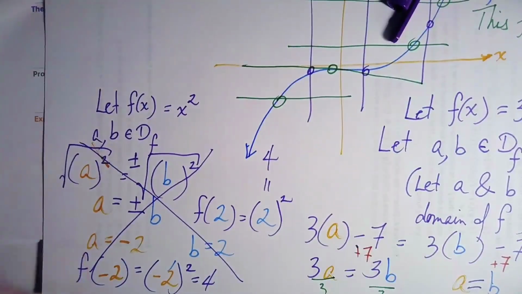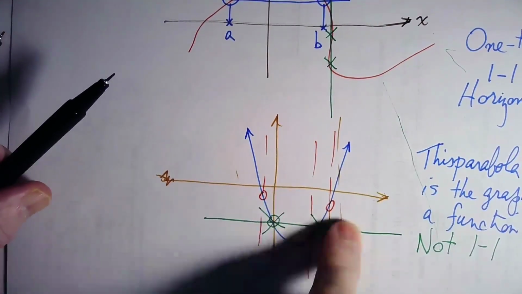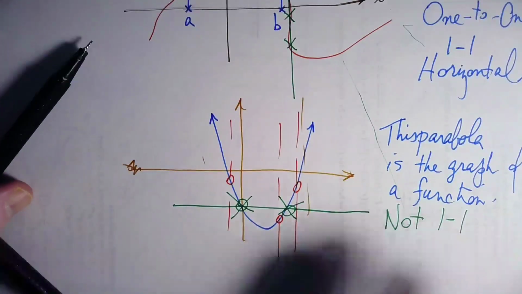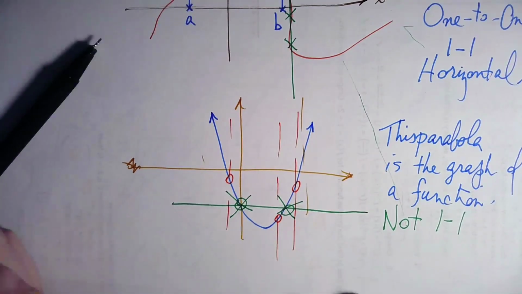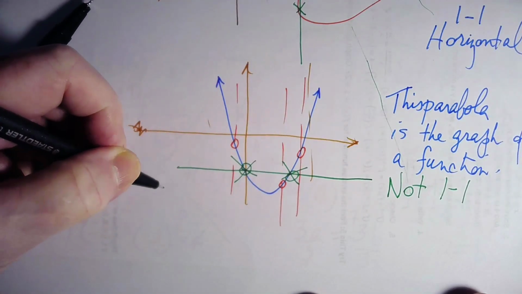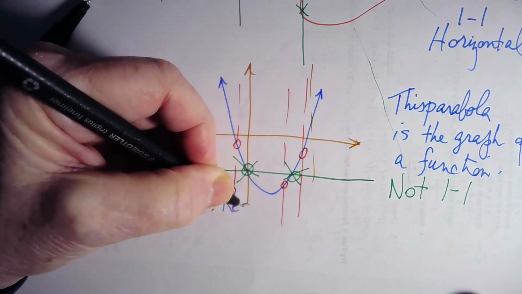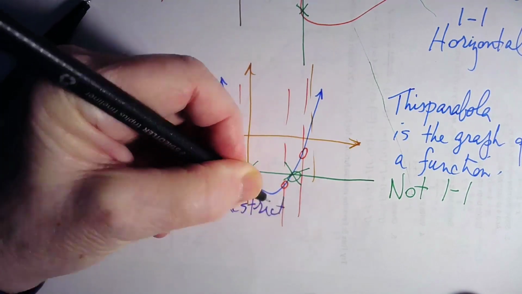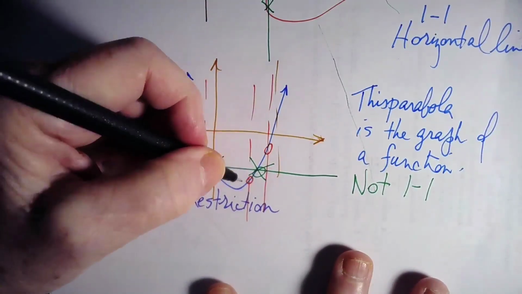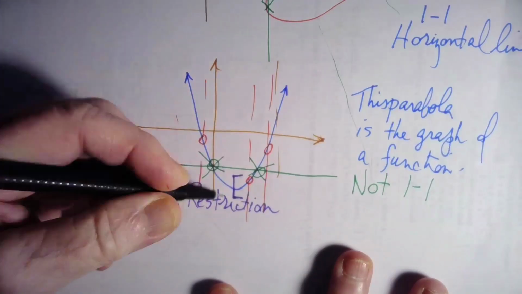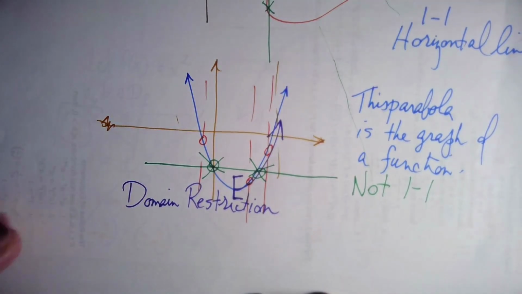A thing that we can do, let's go back to this picture. We had this lovely parabola, which is just any general x squared function. If we put a domain restriction on the function, and most of the time we start at the vertex and go to the right.